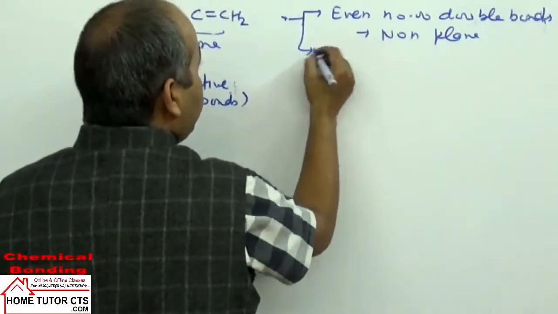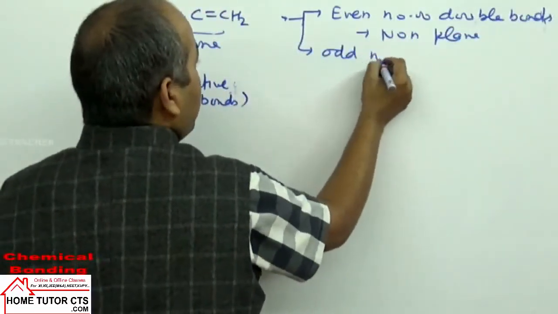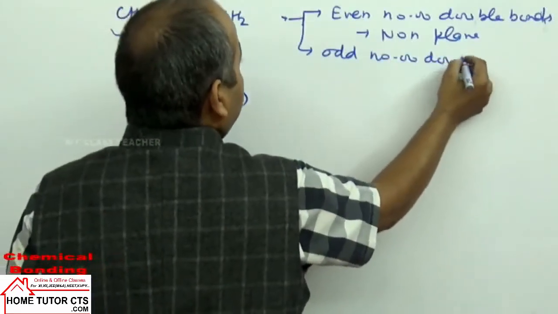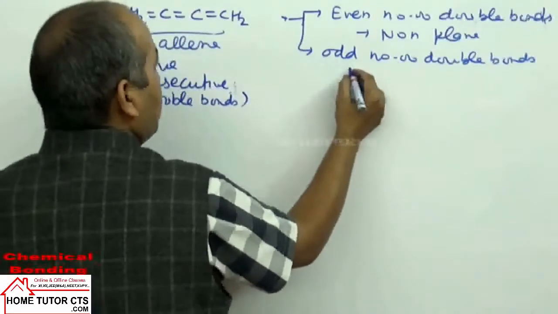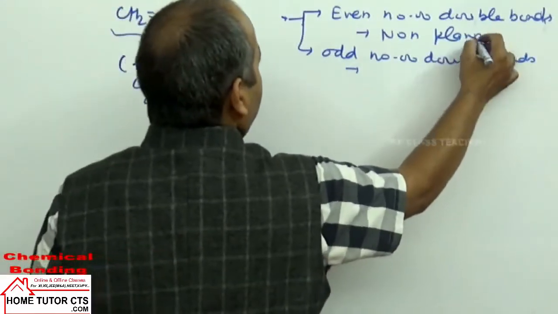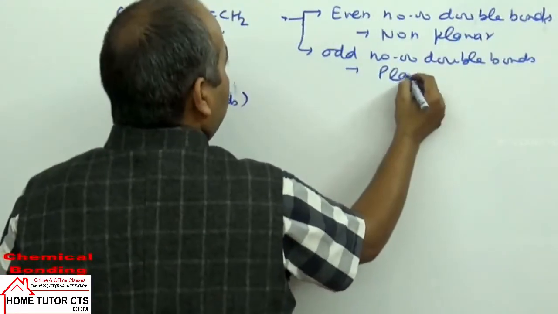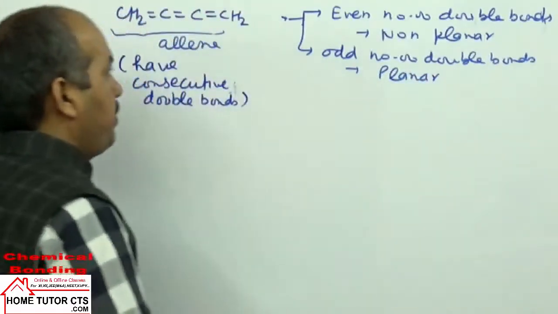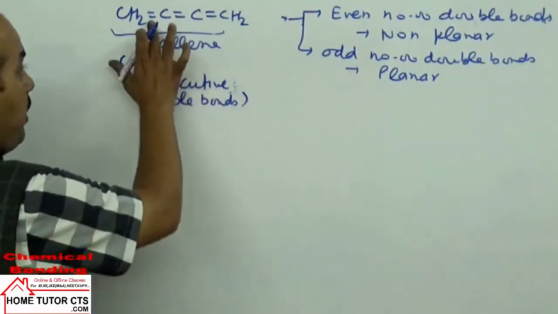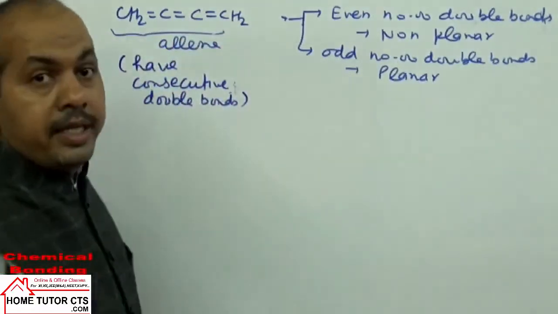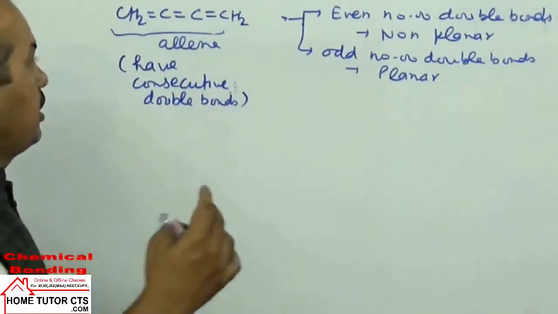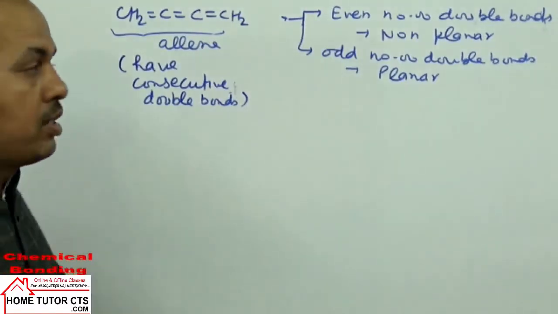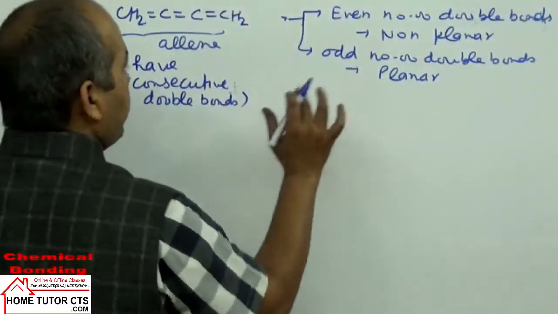While allenes having an odd number of double bonds, like 3, 5, become planar. In this case, all the atoms are lying in the same plane. You took the last example of an allene having 2 double bonds. This allene has 3 double bonds. This allene becomes planar. कैसे planar हुआ?